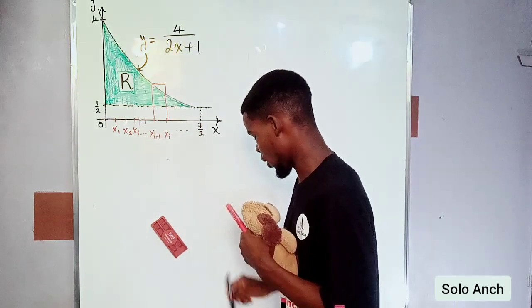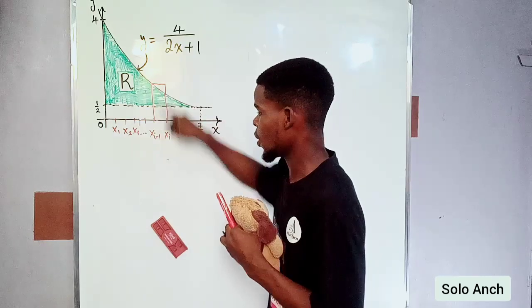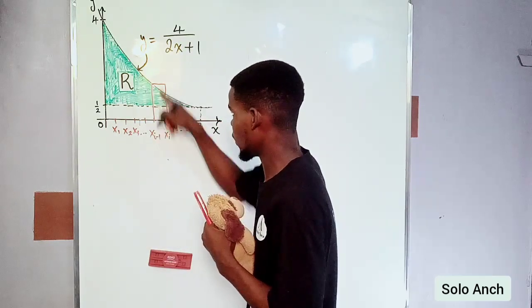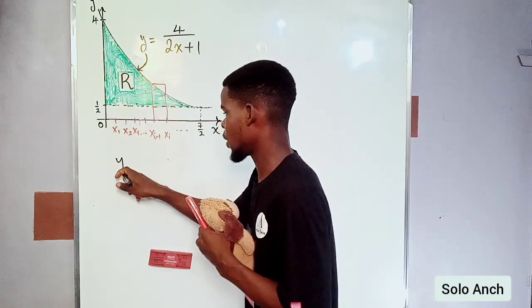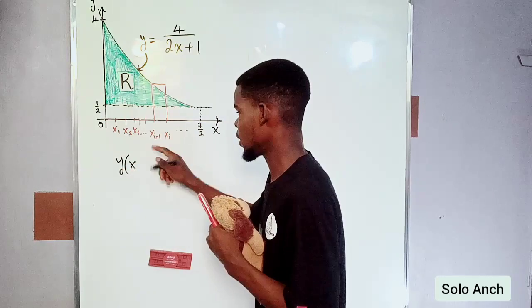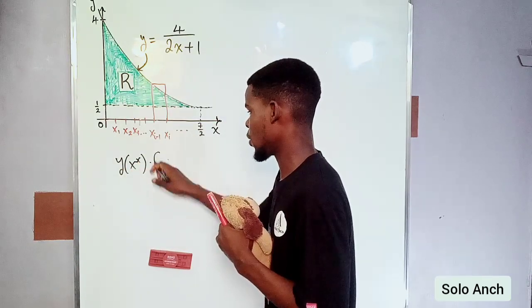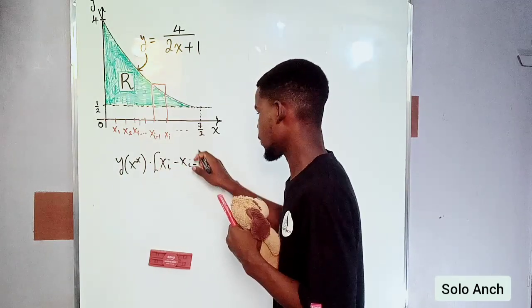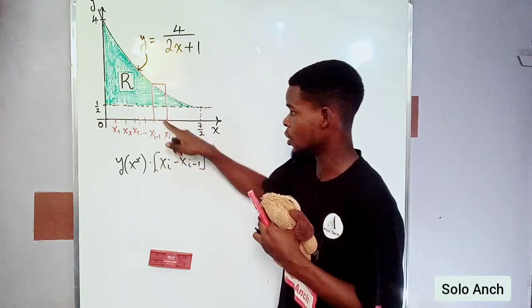So the area of this rectangle here will be the height, which is going to be the function y at some x in this interval, let's say some x star. Then we multiply it by the width here, which is going to be x_i minus x_{i-1}. This will give us the area of such a rectangle.